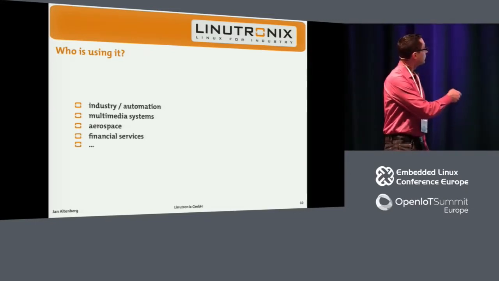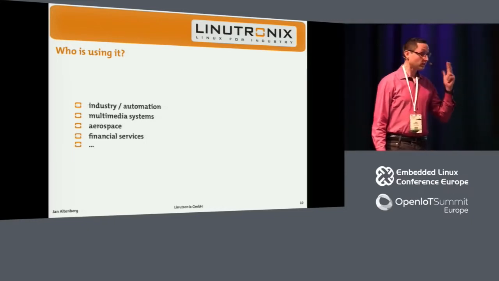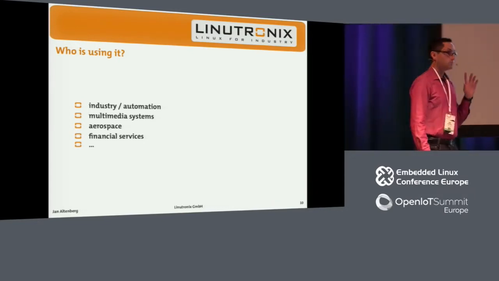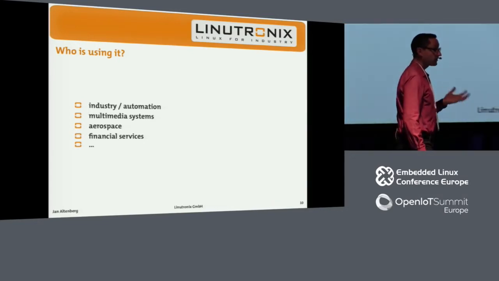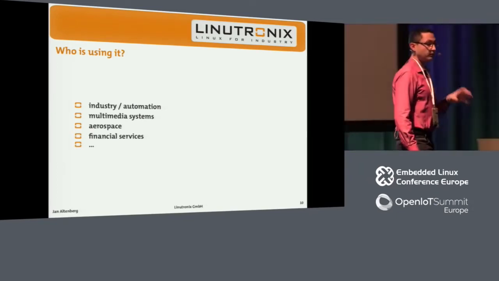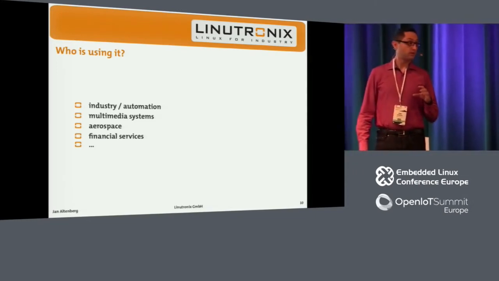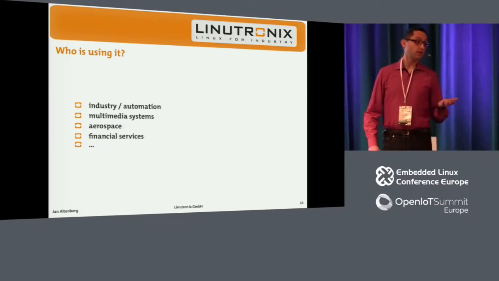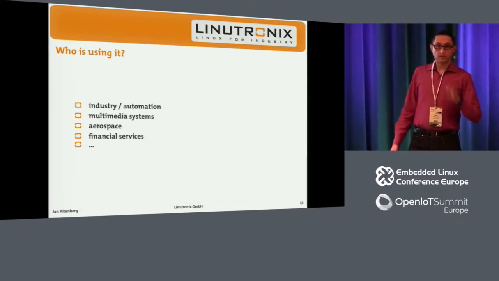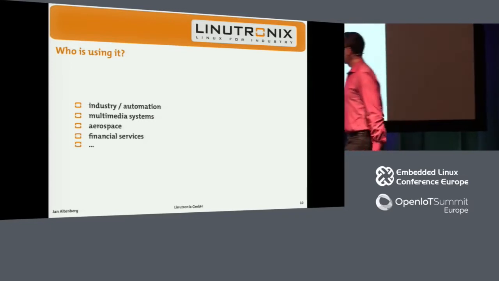We have a lot of industrial applications, the automation industry, already the automotive industry, multimedia systems, and even aerospace systems in non-safety critical applications. And we have financial services, which is pretty strange, but they run it on big server machines, for example for high-speed trading and stuff. They need a real-time operating system, and these guys are actually using real-time Linux. So we already have a lot of users of this system around.